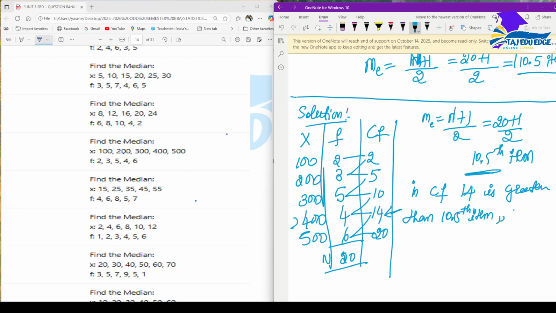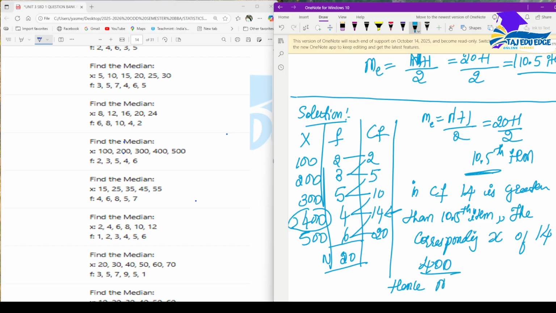The corresponding x of 14 is how much? 400, right? Hence the median is 400. So I'll highlight this.